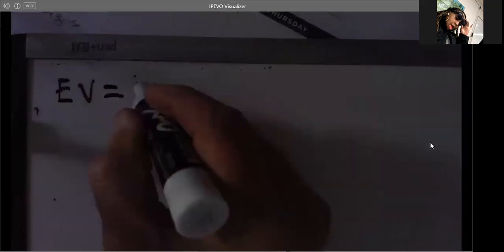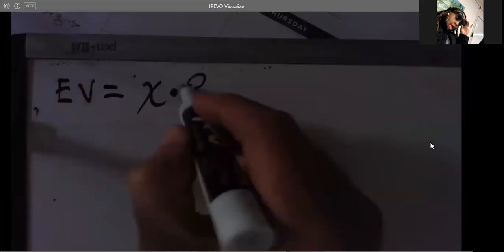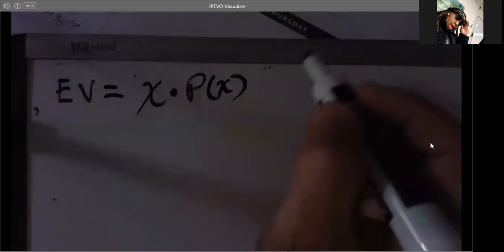And expected value, we'll use EV for expected value, is the number of items that you're working with times the probability. Okay?